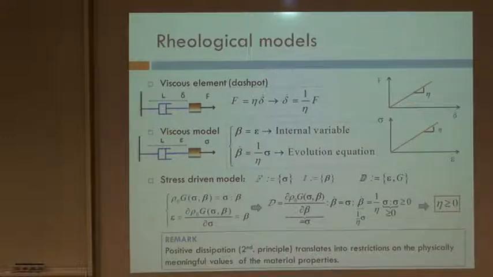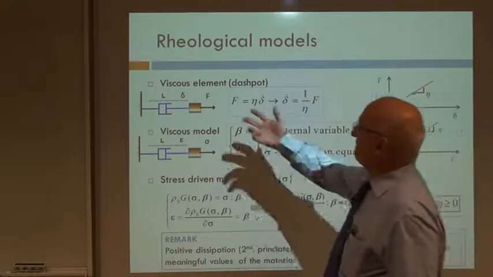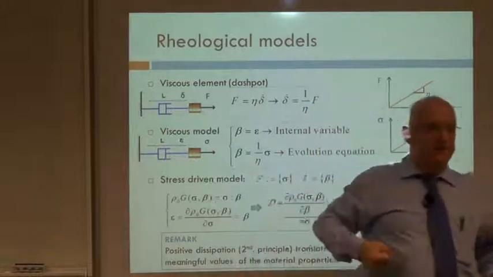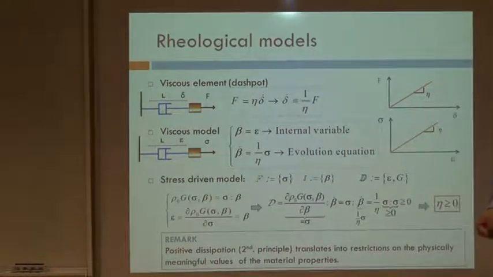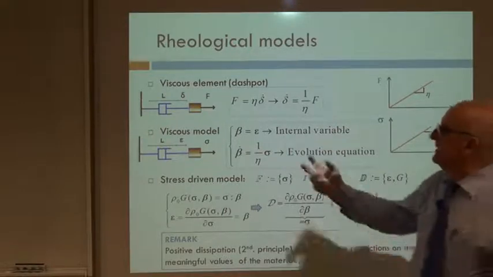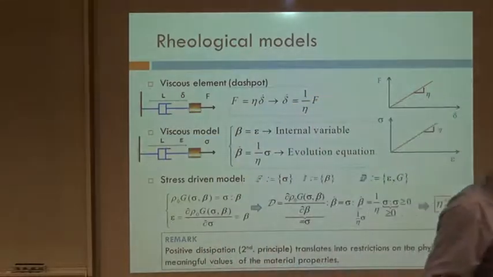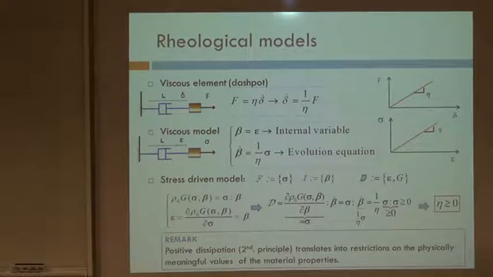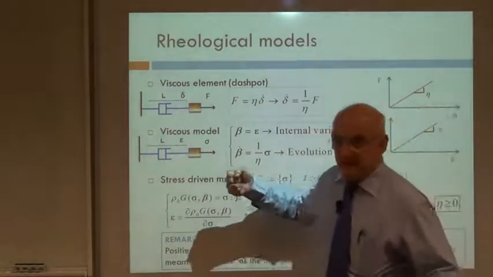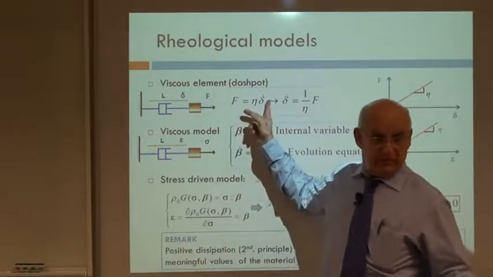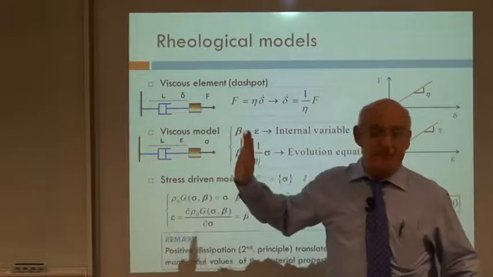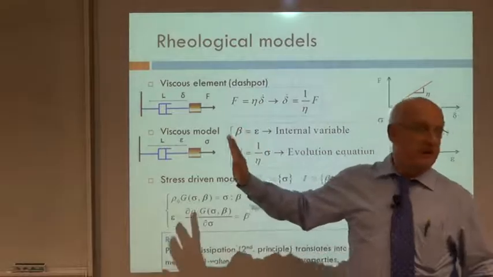Imagine a dashpot. You know what a dashpot is, right? It's something that when you try to apply a force, the force that you apply depends not on the displacement of the end, but on the velocity of the displacement. So for a dashpot, just moving the end of the dashpot very slowly, at slow rates, demands very little force, theoretically no force.